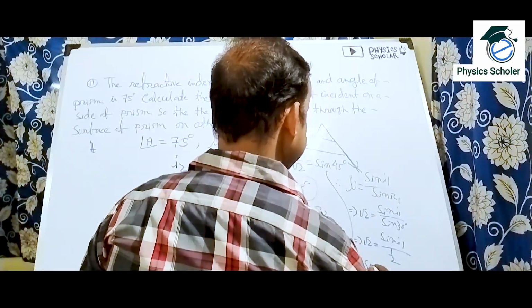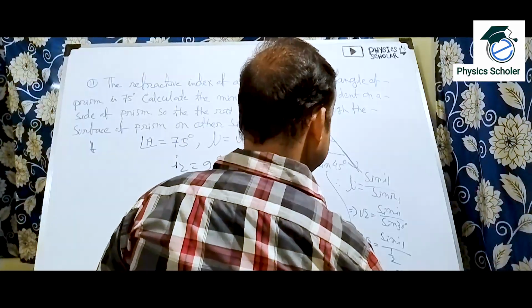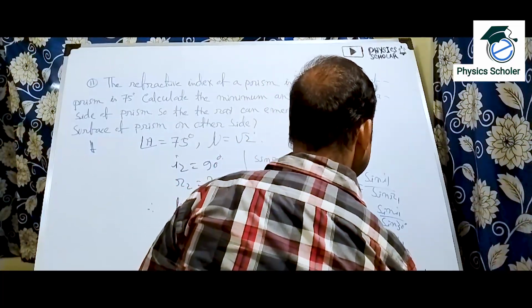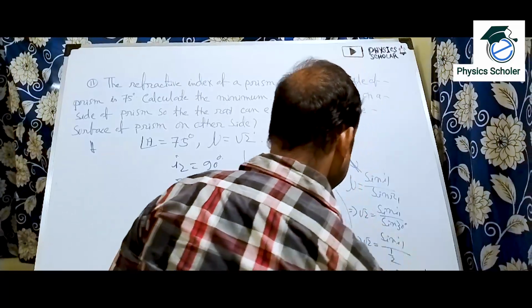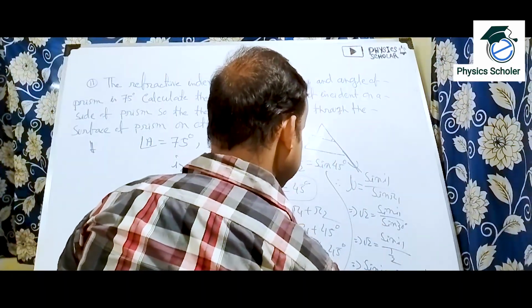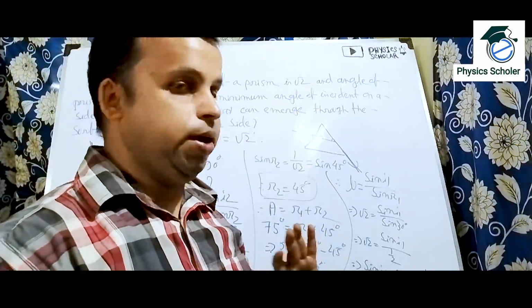So sine I1 is equal to root 2 into half, which is 1 by root 2, which is sine 45 degree. Therefore I1 is equal to 45 degree. Clear? So the angle of incidence at this surface will be 45 degree.